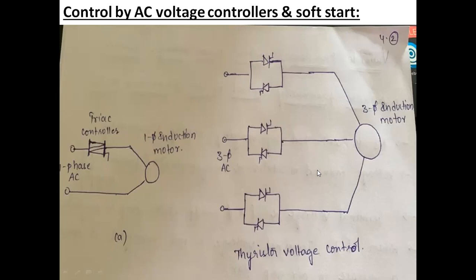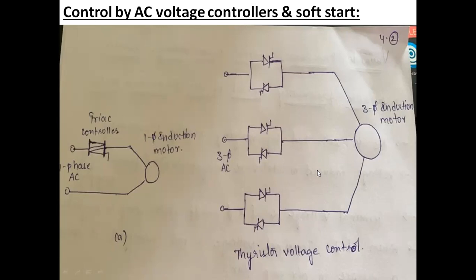When you come to voltage controllers, what are their characteristics? Voltage controllers allow stepless control of voltage from its zero value. Both in single phase and three phase, the voltage controller allows stepless control of voltage from its initial value, that is, from zero.